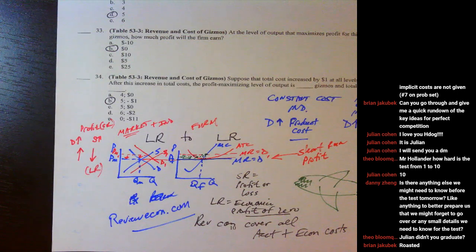Oh, okay. Yeah, basically this, Gabe, I think, there is no implicit cost, so all you're doing is putting in the explicit costs here. Even though they said economic and there's no implicit cost, just include the explicit costs. It's a pretty easy problem.